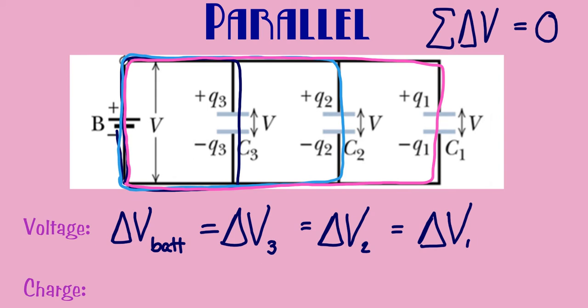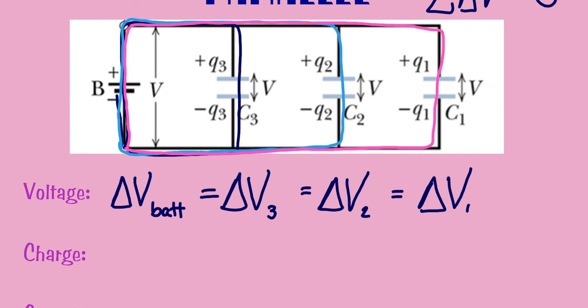Another thing that we know is that charge is conserved. Here's what that really means. That means we can't magically create charge and we can't destroy it. Because of that fact, the total charge in my circuit must be equal to the sum of the charge on each capacitor.